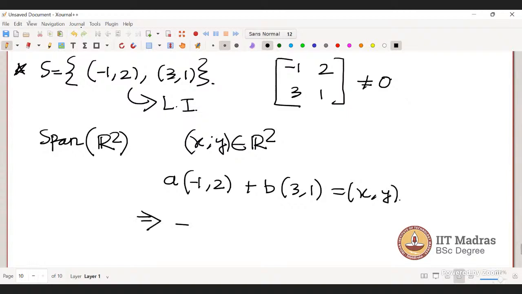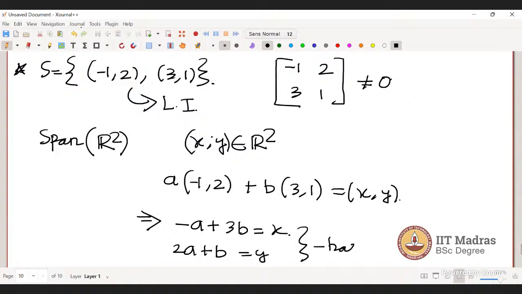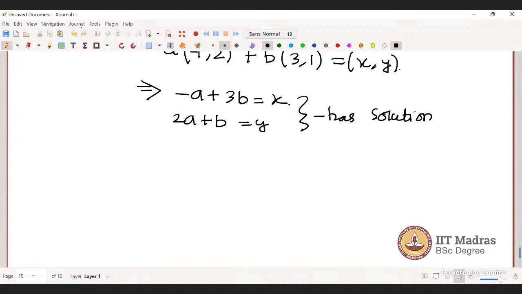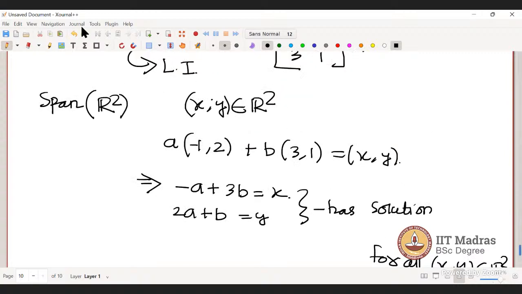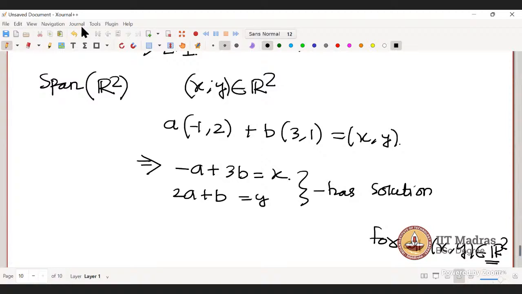That is, you have to show that minus a plus b equals x and 2a plus b equals y has a solution for all x, y. If you can show this, then you are done. Similarly, you have to do the same thing for option 3.